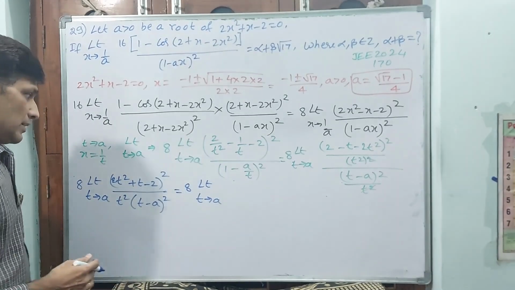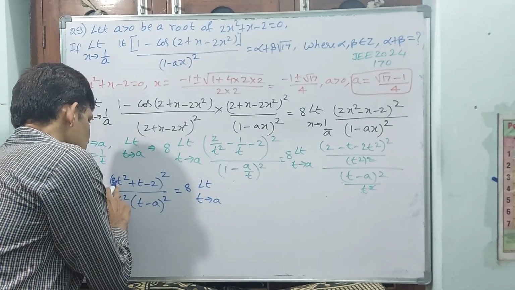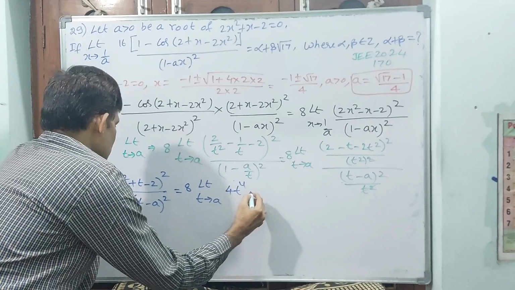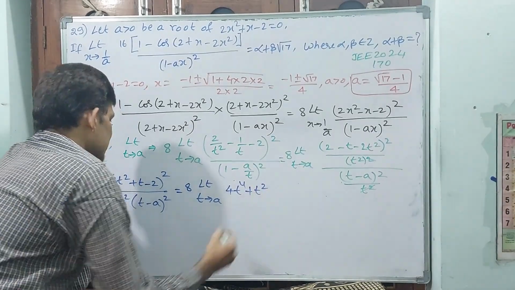Okay, a square 4t to the power of 4, b square t square.